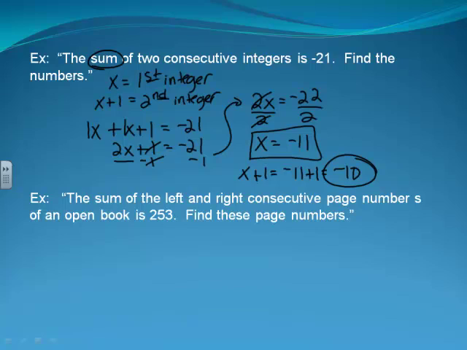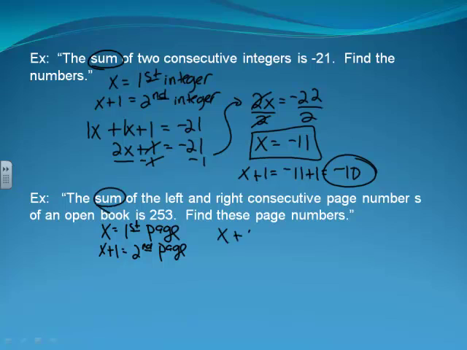The sum of the left and right consecutive page numbers of an open book is 253. Find these page numbers. This again is a consecutive integer problem. So if you let x represent your first page, then x plus 1 will represent the second page in consecutive order. It asks you to add those two together.